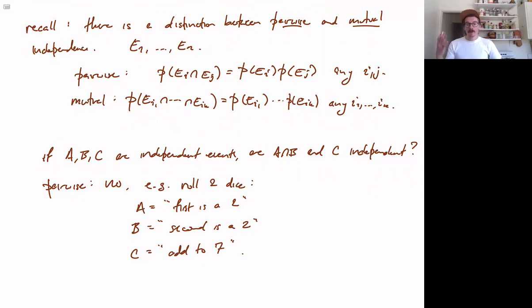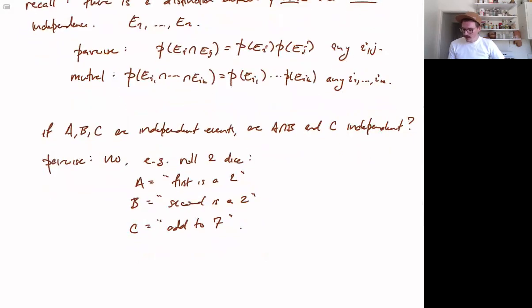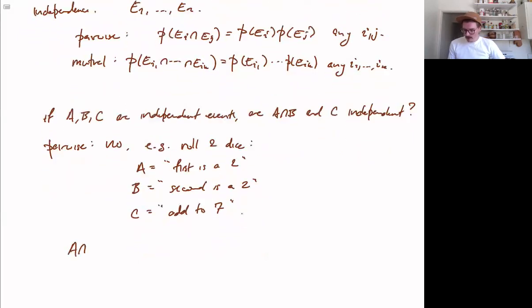So by the argument we made above, these two are independent, and by the same argument, these two are independent. And these two are independent as well, because each die does not affect the other die. So these are pairwise independent, but they are not mutually independent.